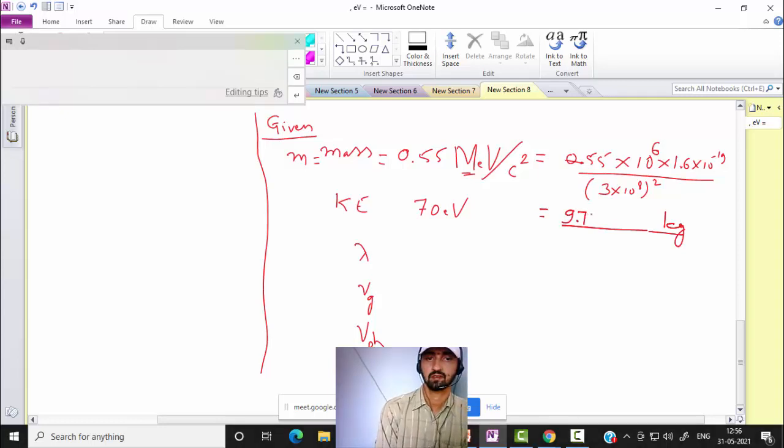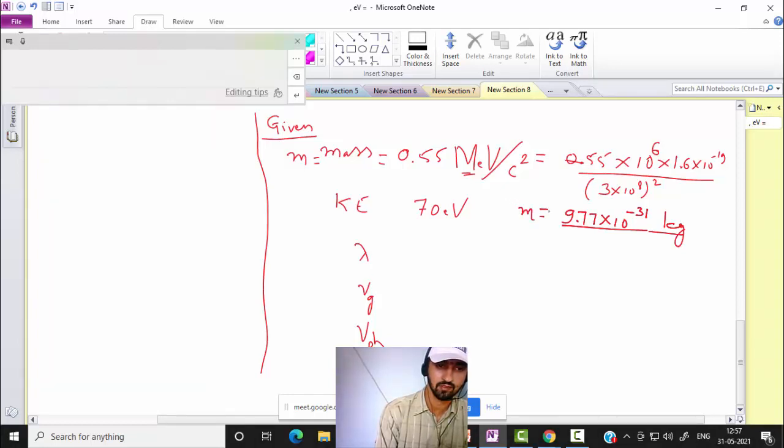Next digit. 7, 8 something, 9.7 into 10 power, how much is it? 10 power minus 31, sir. Minus 31, correct it is. 9.77 into 10 power minus 31 is what the mass value, m value, is.